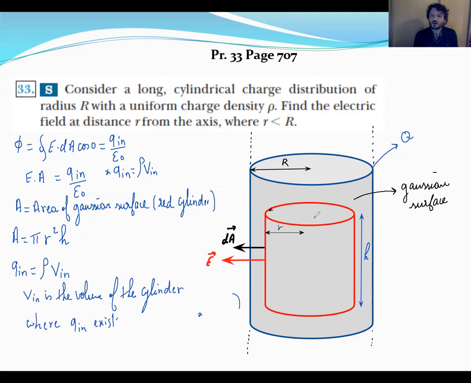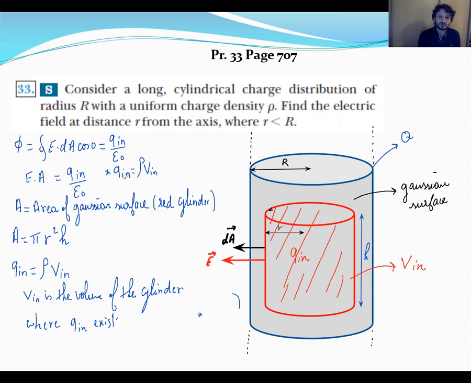Okay, Qn is inside. Here we have Qn. So we have to calculate the volume of Vn. Here we have Vn. So Qn equals rho times Vn.